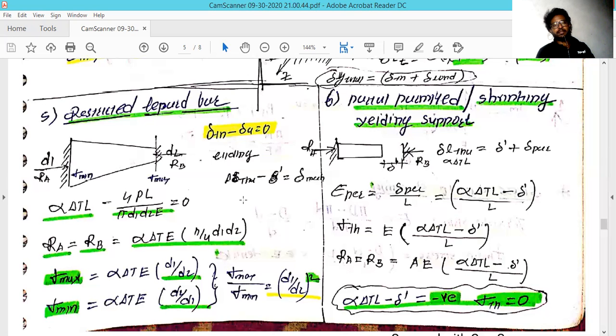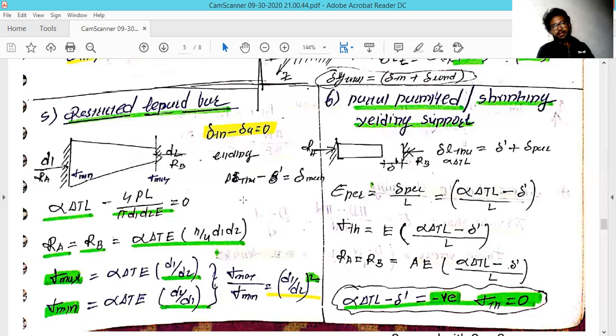So if there is a change in the dimension, it is nothing but the thermal stresses minus the mechanical stresses. So the total change in length will become zero, because the strain is developed by the thermal stresses, and the strain is developed by the mechanical stresses. So they cancel each other, and just because of that there will be no change in the length of that object.